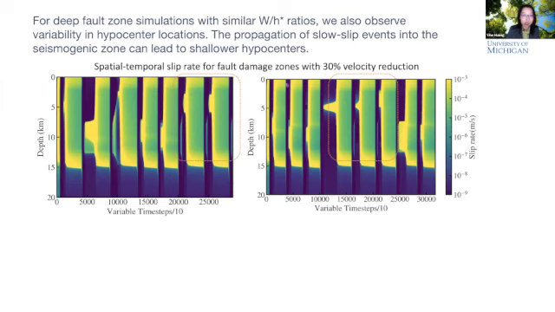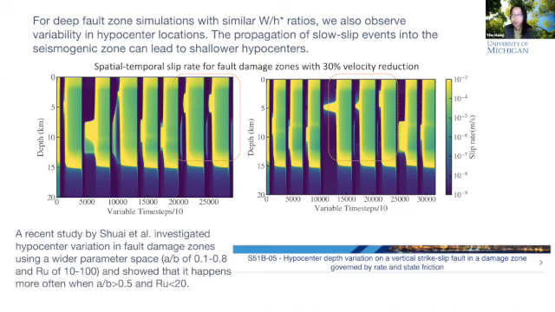You can see that for these two different simulations, there can be slow slip events propagating into the velocity weakening region, and as a result, the hypocenters are shifted to the shallow part of the fault. So we are seeing these shallow and deeper hypocenter alternations in our simulations.